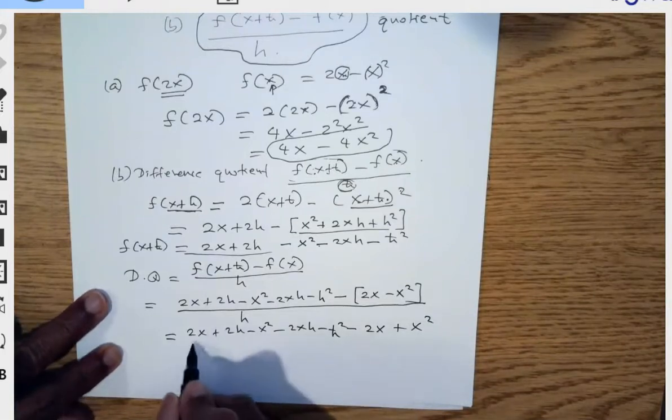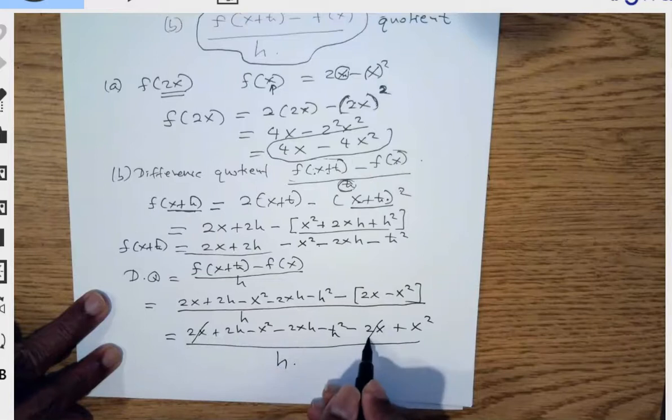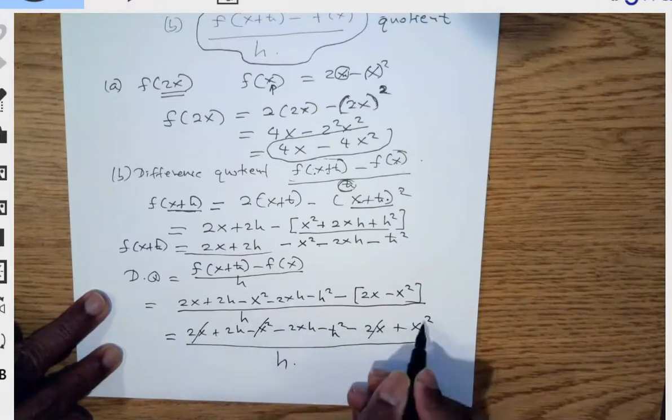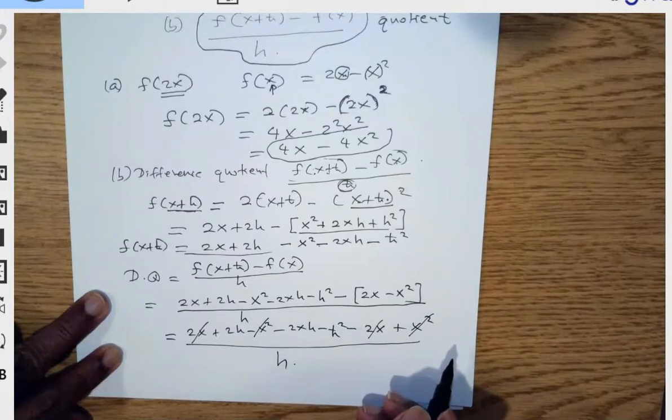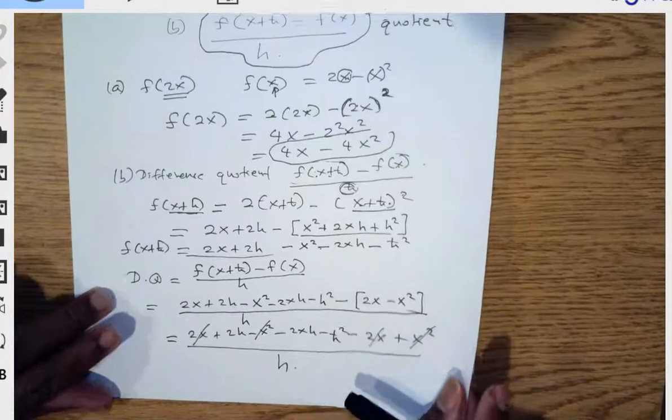And then there's an h at the bottom. You will see that a number of the terms cancel off. 2x cancels off here, x squared cancels off here, and what is left is 2h minus 2xh minus h squared.